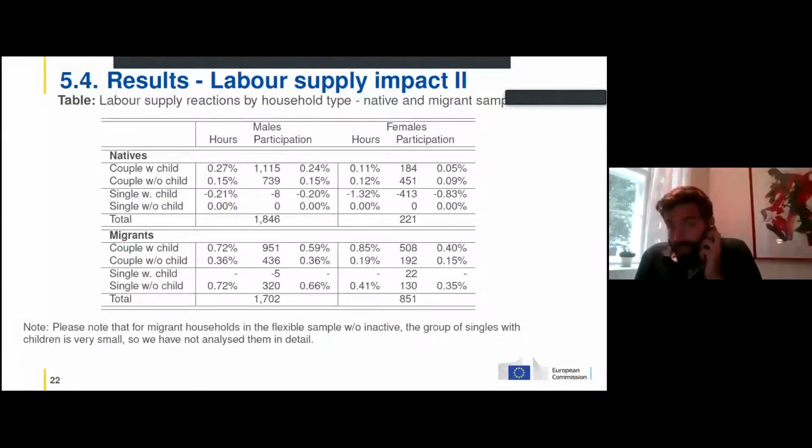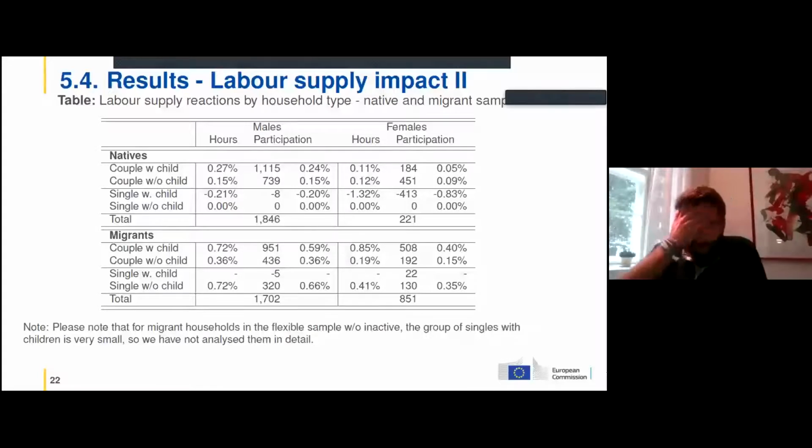While for migrants, the numbers are smaller for males but bigger for females. So about 1,700 would be willing to participate in the labor market, while 850 migrant females would be supplying their labor on the labor market.